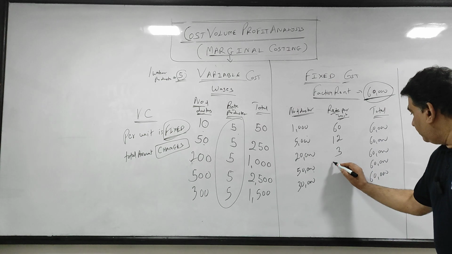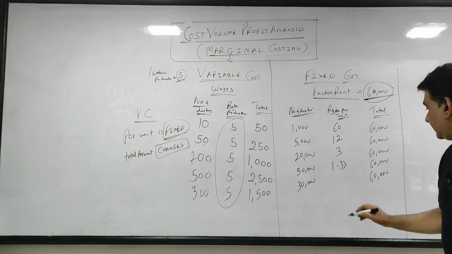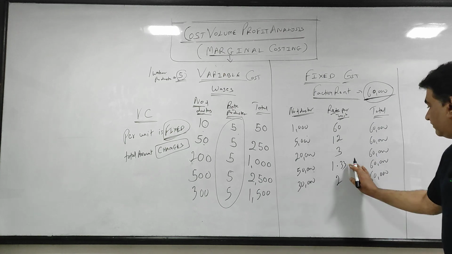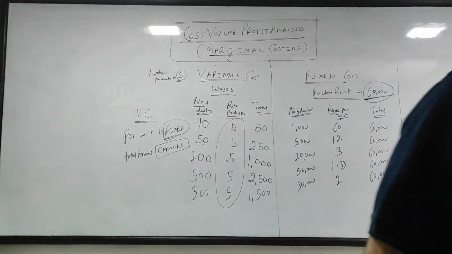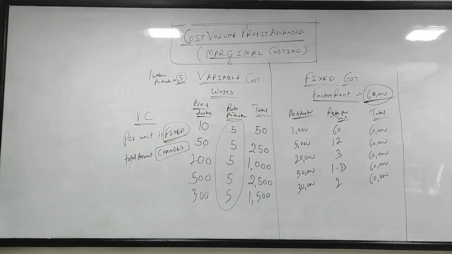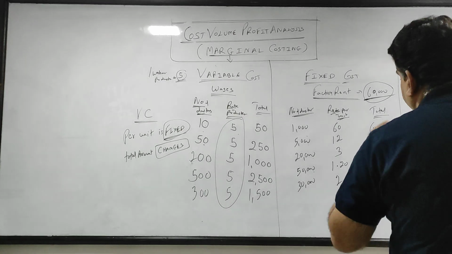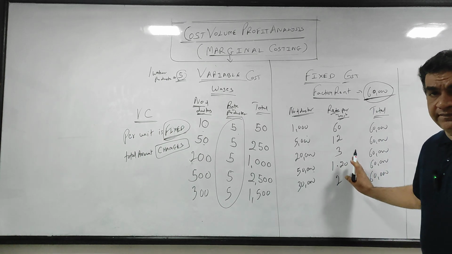I think it will give you 1 rupee 33 paisa. Sorry, 1 minute, I just get my calci. Sorry, yeah. So 60,000 divided by 50,000, 1.20.